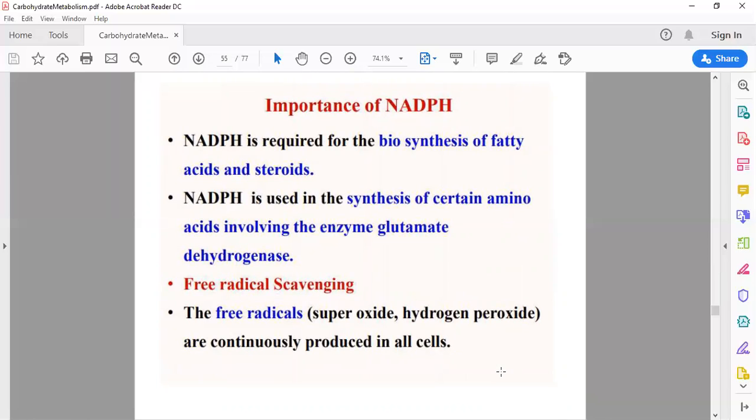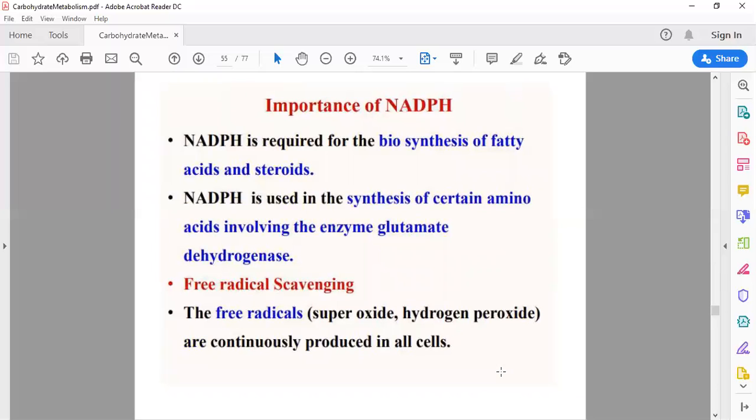So what is the use of NADPH? As we are all aware, NADPH is required for the reductive biosynthesis of fatty acids and steroids, and hence HMP shunt is more active in the tissues concerned with lipogenesis.